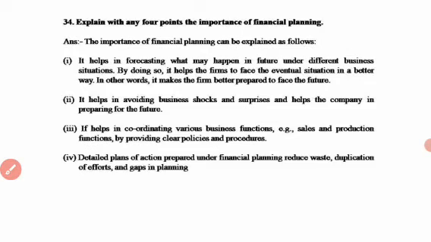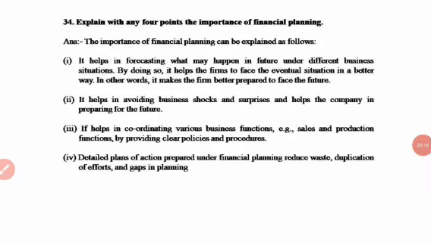And next, explain with any 4 points the importance of financial planning. So this is the last question of your section C of 4 marks. So some of the importance of financial planning are: financial planning helps in forecasting what may happen in future under different business situations.